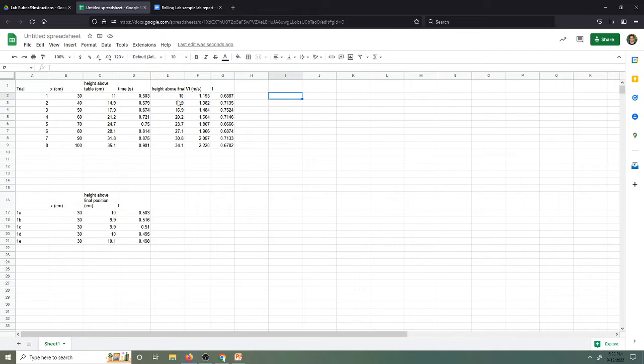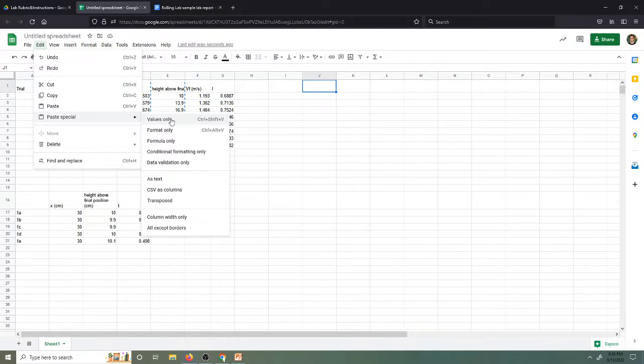Now, to make a graph like that, you probably want to copy these columns out over here. And to do that, you probably want to do edit, paste special, and paste values only.